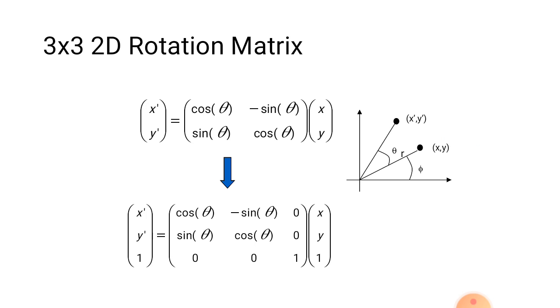For the 3x3 matrix in 2-dimensional rotation, x', y', 1 equals cos theta, minus sin theta, sin theta, cos theta, multiplied by x, y and 1.